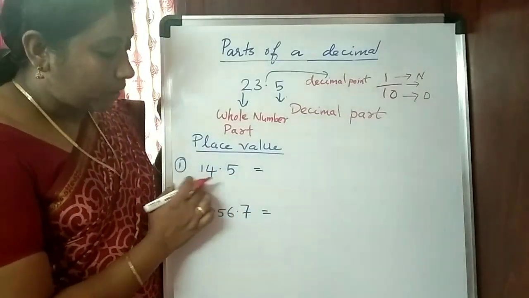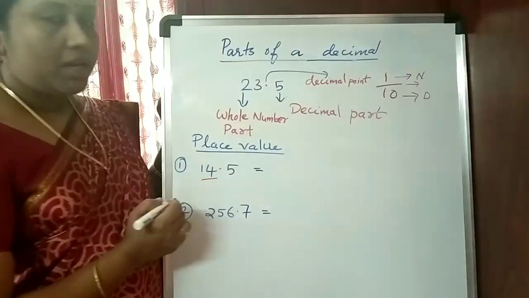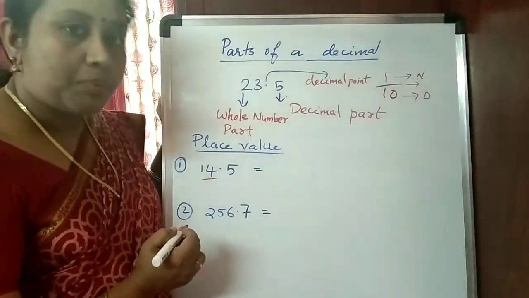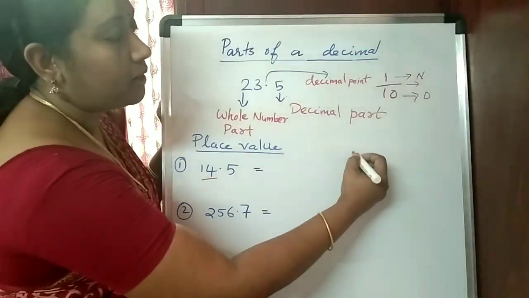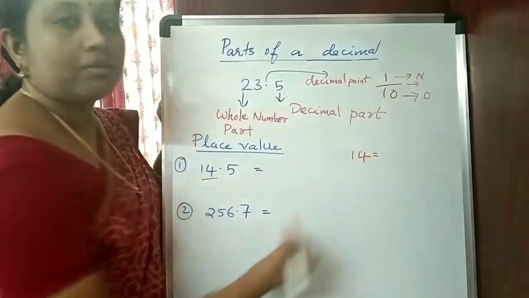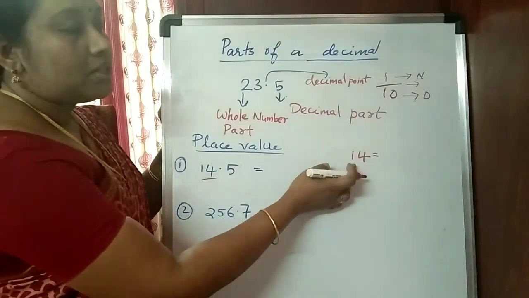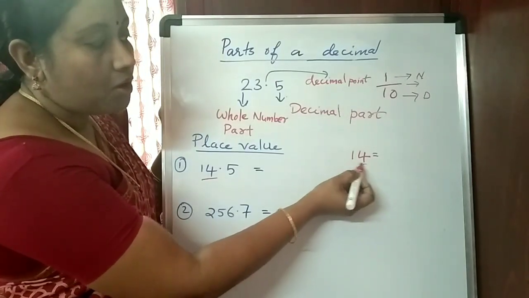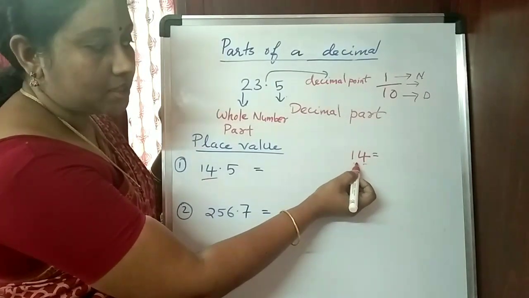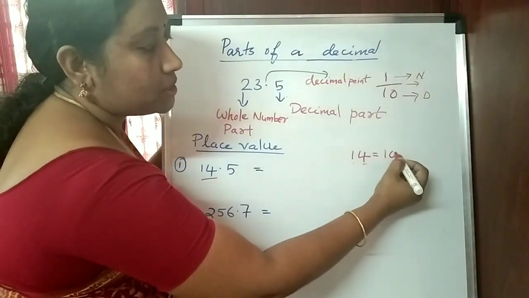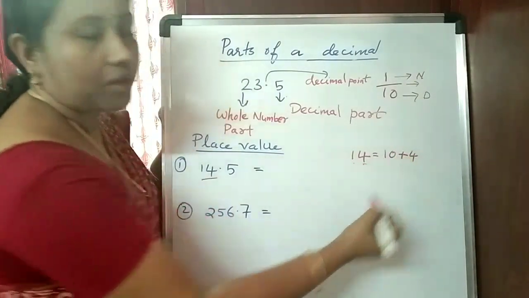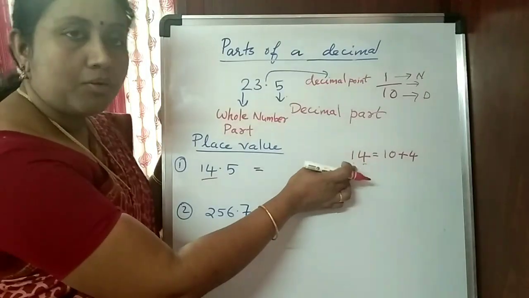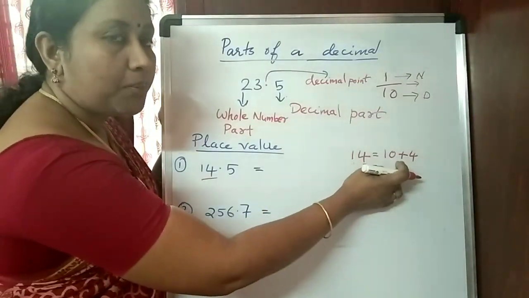In the whole number part, 14, what is the expanded form? Place value of 4 is ones. Place value of 1 is tens. So expanded form is 10 plus 4.